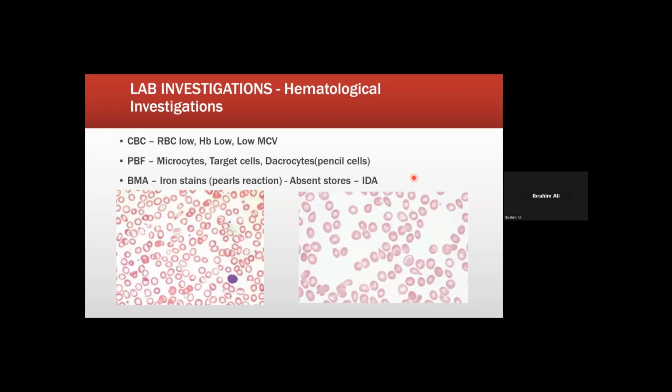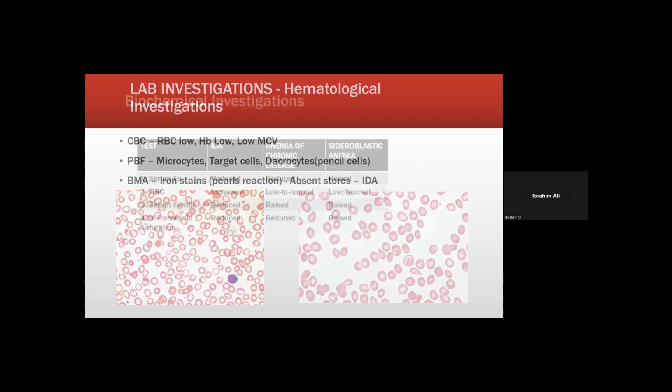So the macrophages try to engulf or take the iron from the body so that the bacteria won't use it for survival. So that's why in the circulation we have low iron, but the storage at the bone marrow will show blue. So that is it for the hematological investigation.